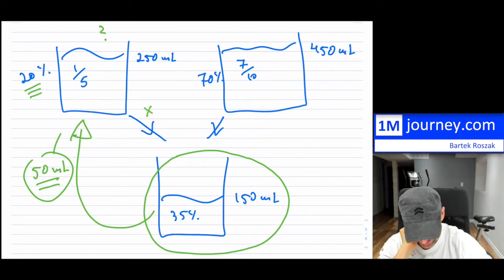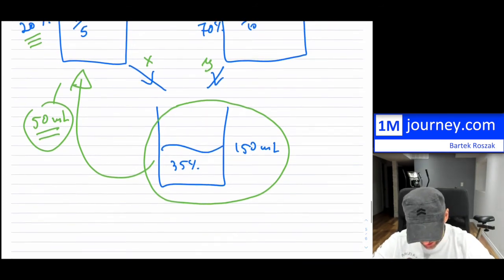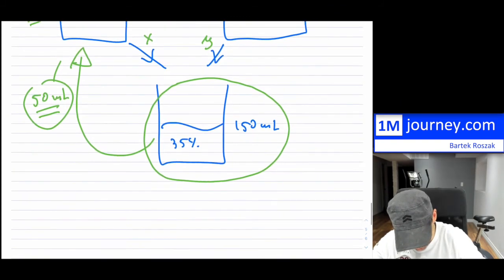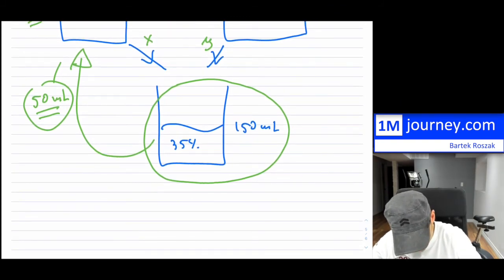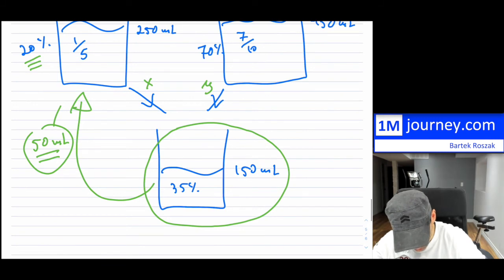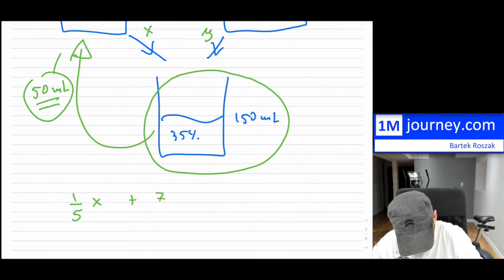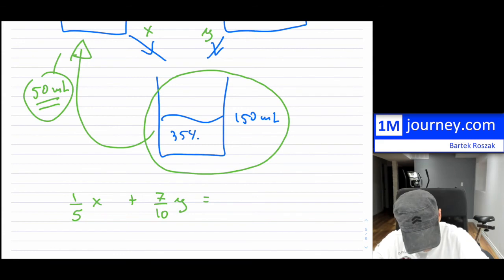So let's say we poured out X, and then we poured out Y. How did we solve these concentration ones? In terms of concentrations, we have the following: 20%, or 1/5, of X, how much we poured out, plus 7/10 of Y. You can keep them in decimal if you want, and that produces for us 0.35 times 150.